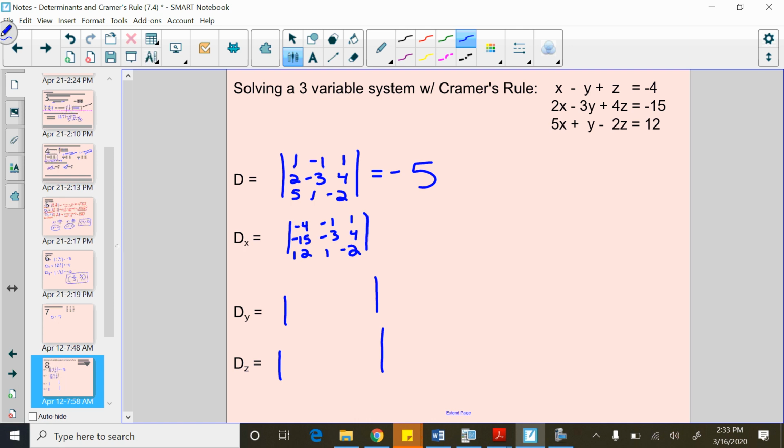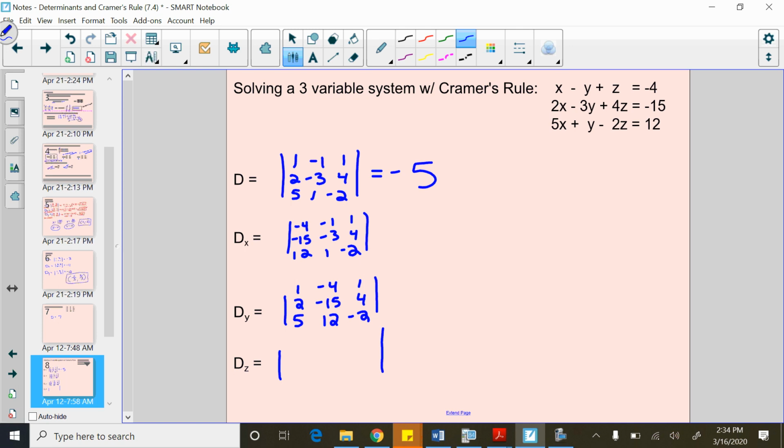Right? Now we're looking at the determinant with respect to y. The x's are going to stay the exact same from the start. So we have a 1, a 2, and a 5. The z's are going to stay the exact same from the start with a 1, a 4, a -2. And in place of the y's, we are going to have our constants, our -4, our -15, and our 12.